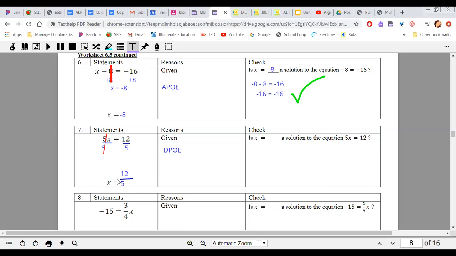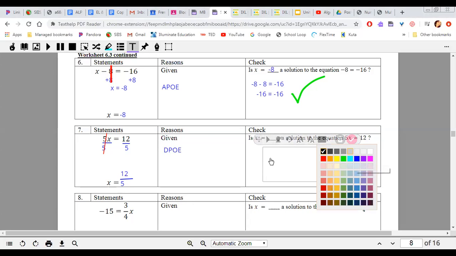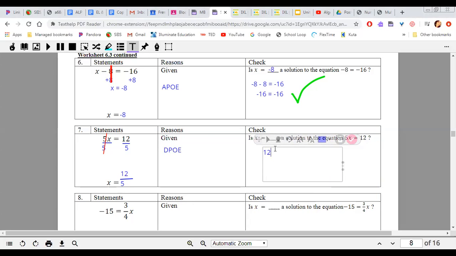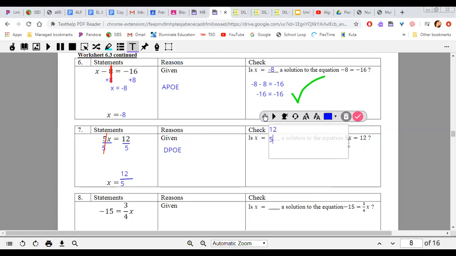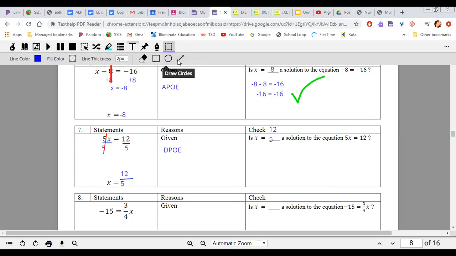Okay, so I have 12 over 5, plugging that in over here. Okay.